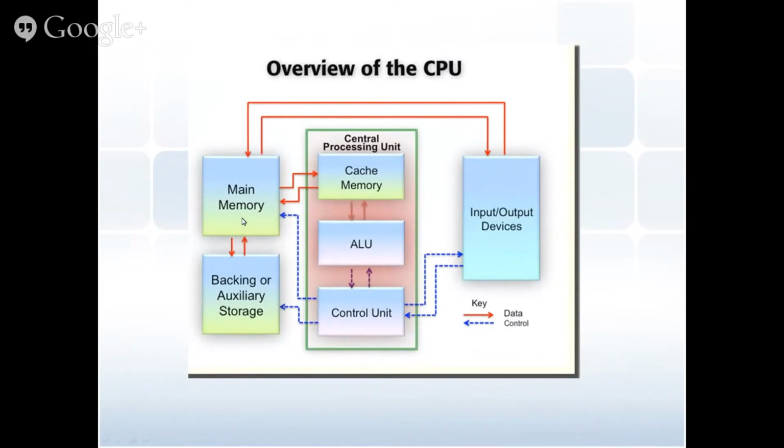Then we transfer from the main memory to the cache memory, which is inside the central processing unit. The cache memory catches data from main memory, or data that has already been processed. The ALU and control unit process the data from the cache memory, and then it transfers back to cache memory, back to main memory, then back to output devices.